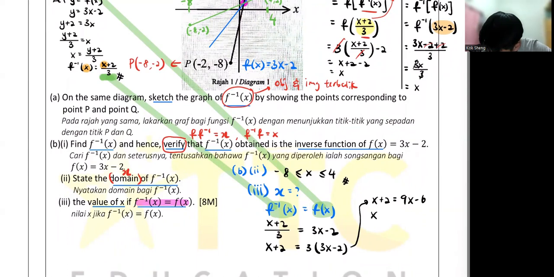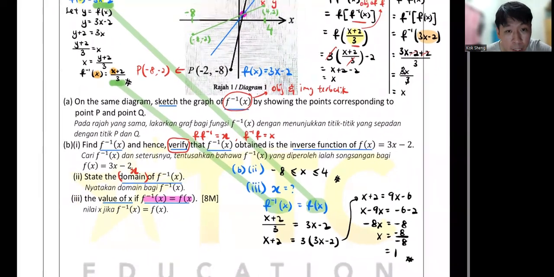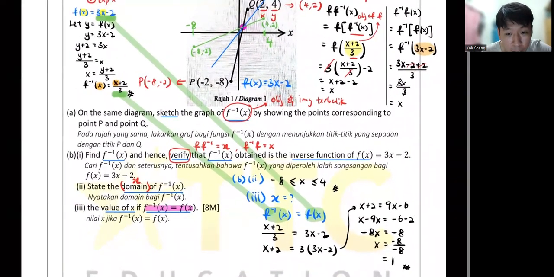Okay, we can find the x already. Yeah, you should get 1. So this is where the graph intersect. Makes sense, right? They both intersect at this coordinate. The x is 1. Okay, makes sense?